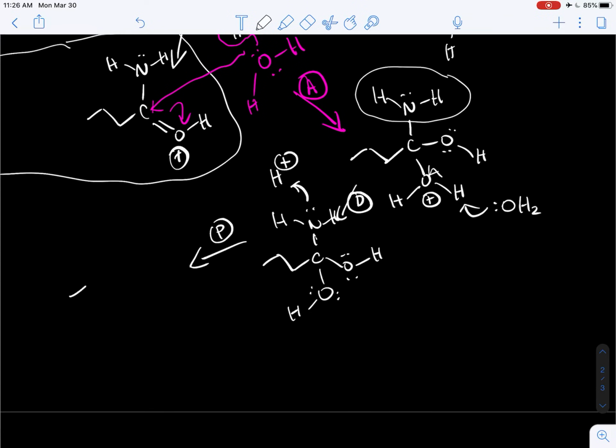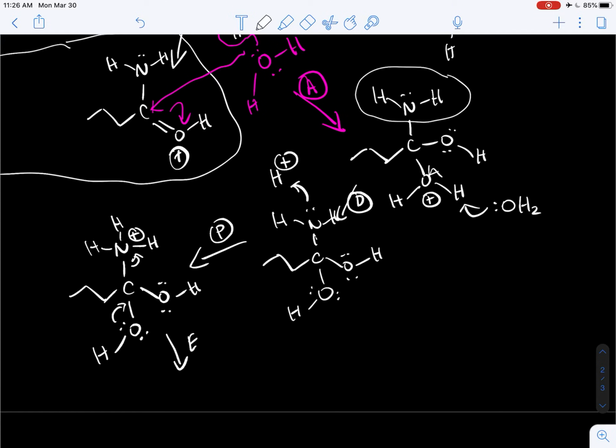And then this finally will give us this molecule here, and you can see how ammonia is ready to be spit out of this molecule by the assistance of one of these oxygen atoms with its lone pair. And so that's the elimination step.